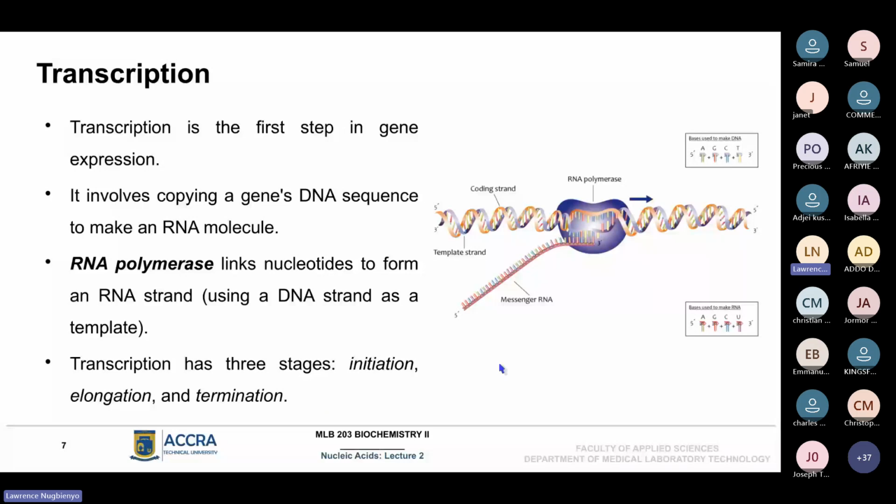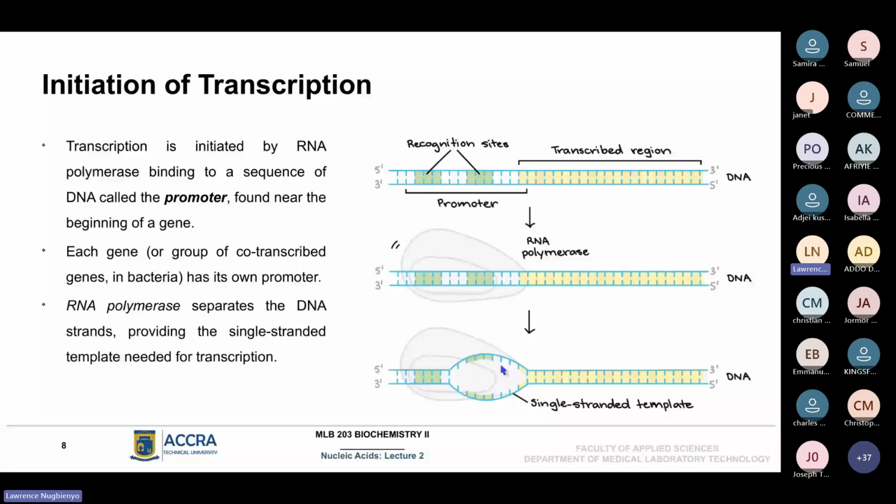So again, in the video, you saw that there was a region of the gene being referred to as a promoter region. And such promoter regions are of some specific nucleotide sequences that are recognizable. So we are being referred to as recognition sites.